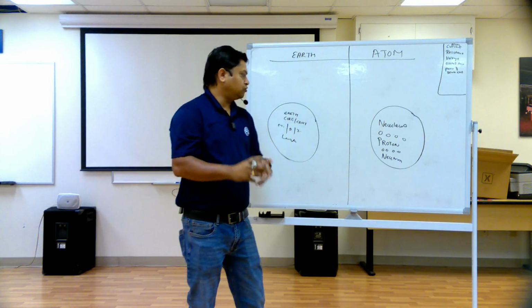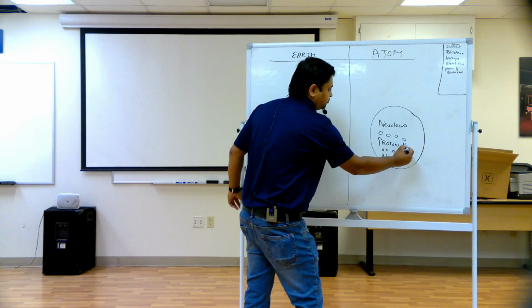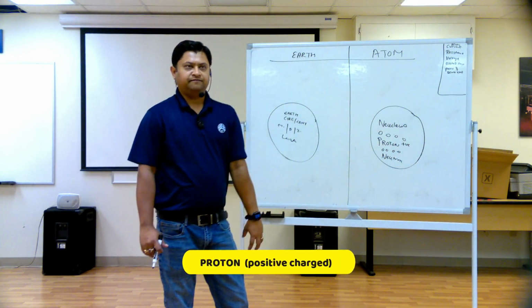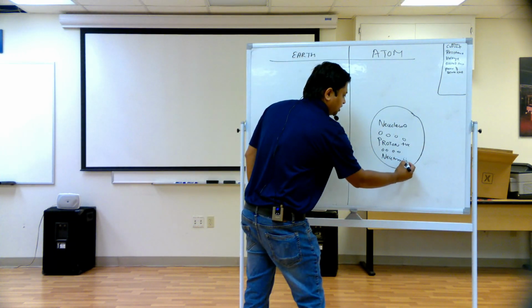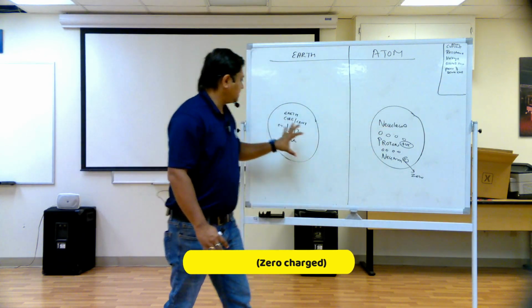The proton has a positive charge, and the neutron has zero charge. But they combine to become the nucleus, just like the Earth's crust.